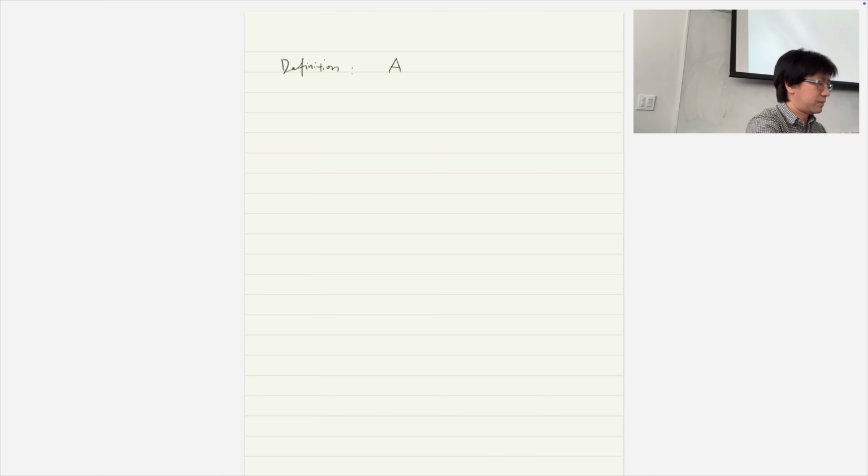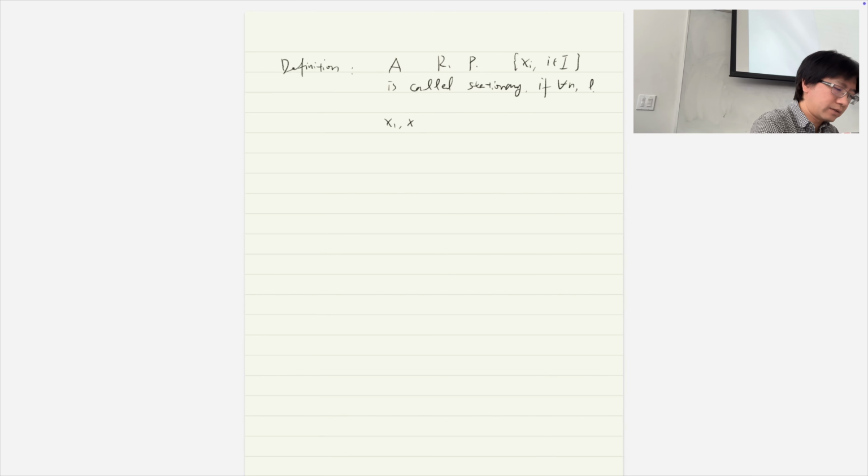Let's see what we mean by that exactly. We say a random process Xi, where we assume the index set is a finite number of elements, is called stationary if, for all n and L, and I will tell you what L is, we have X1 to Xn.